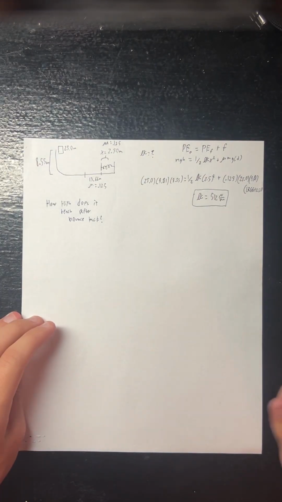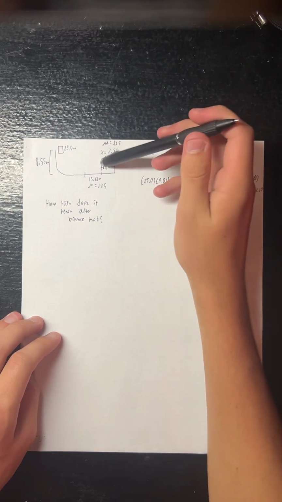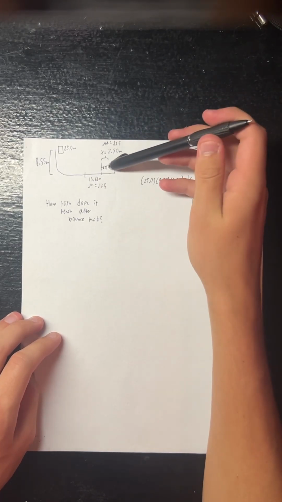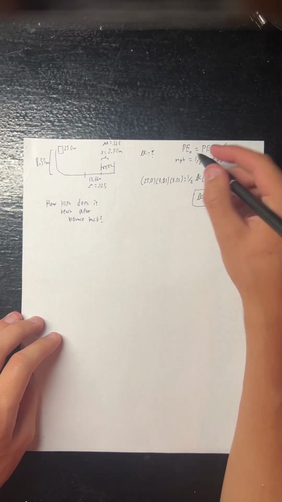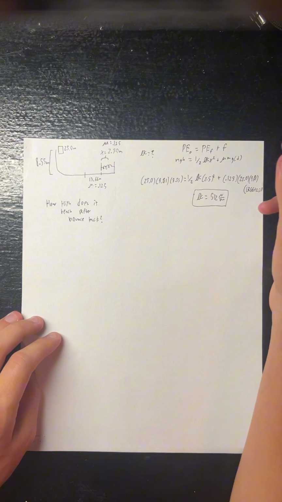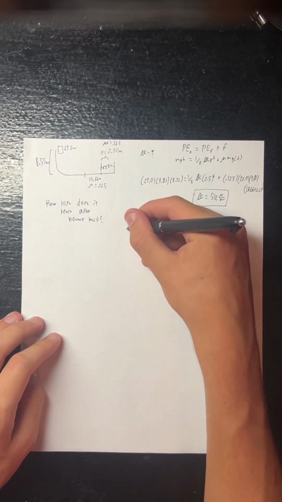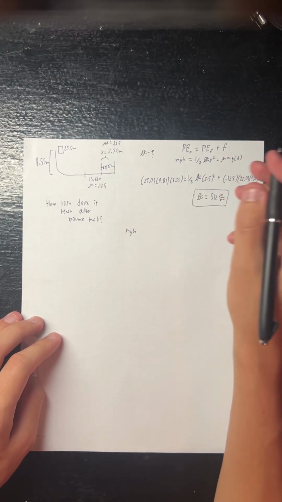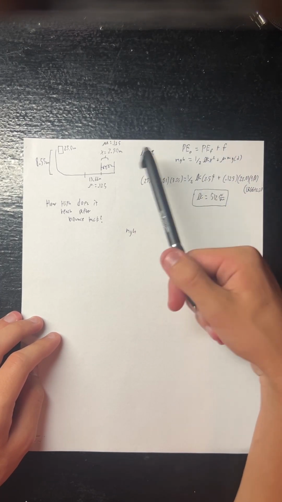The next question is how high can it bounce back after it is pushed into the spring? How far is it going to go up? We can use this equation here. By the way, for the last one it was the potential energy of the spring force, but now we use the final, which is also mgh. We know friction and we know potential energy initial, and now we are just solving for this h.